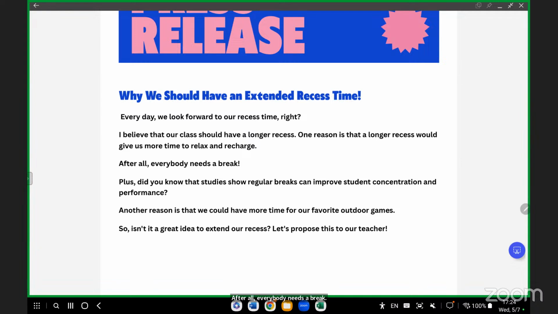Plus, did you know that studies show regular breaks can improve student concentration and performance? Another reason is that we could have more time for our favorite outdoor games. So isn't it a great idea to extend our recess? Let's propose this to our teacher.